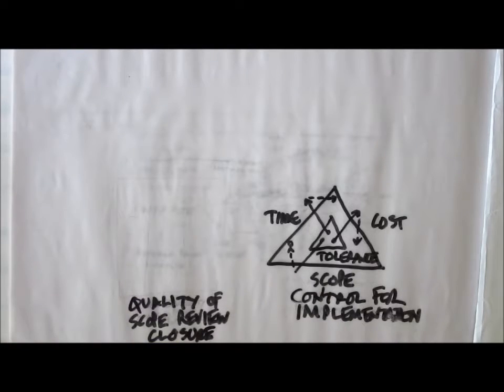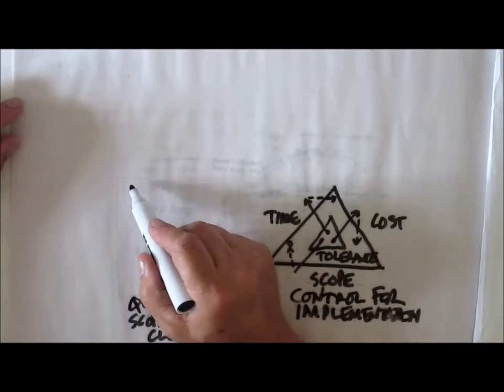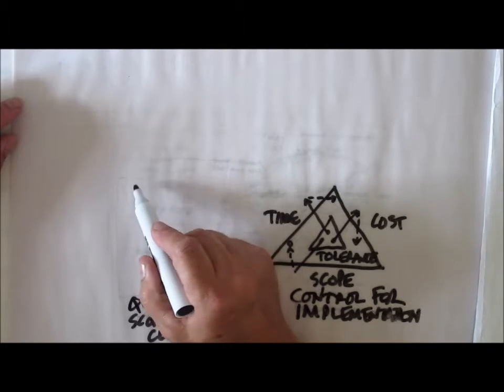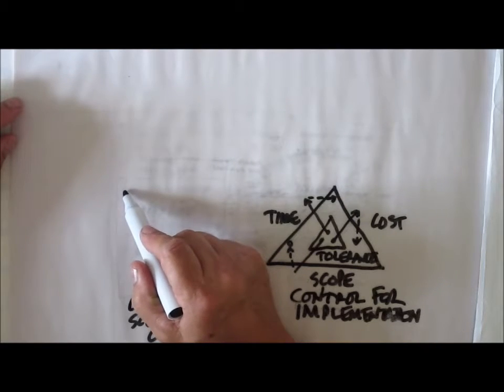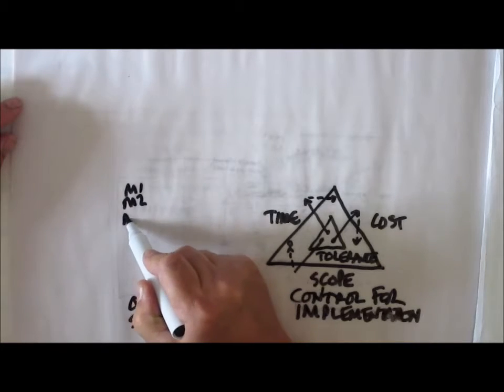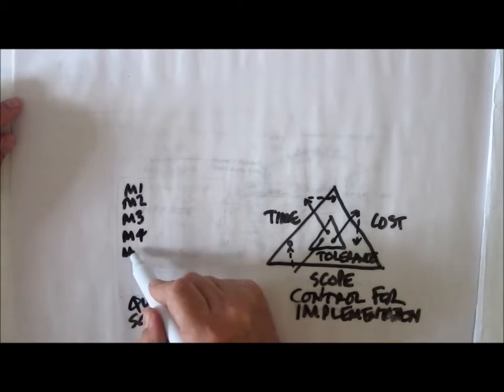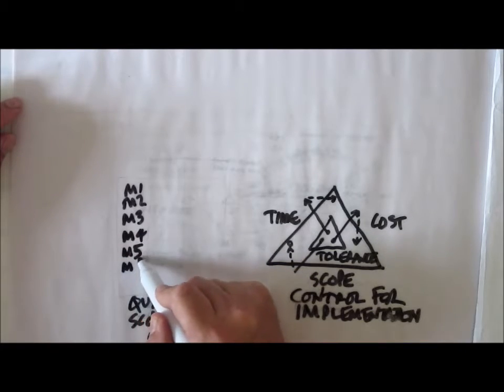Okay, so the way to do the review is if we refer back to the second set of diagrams that we used in this series, we mentioned that we had some must-have requirements on the links. So we label them M1, M2, M3, M4, M5, M6.